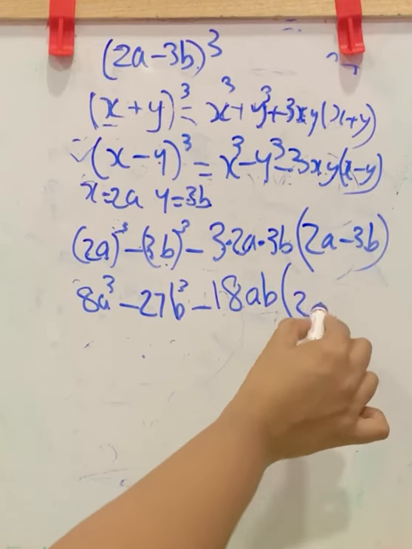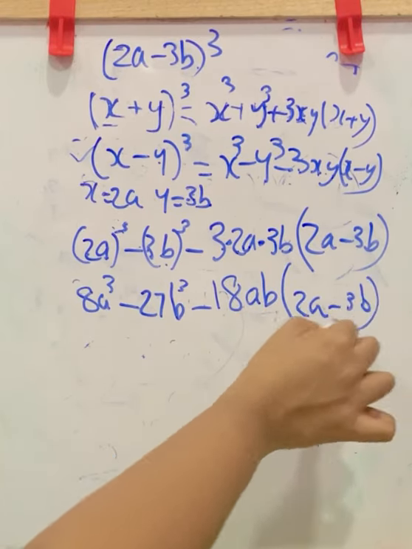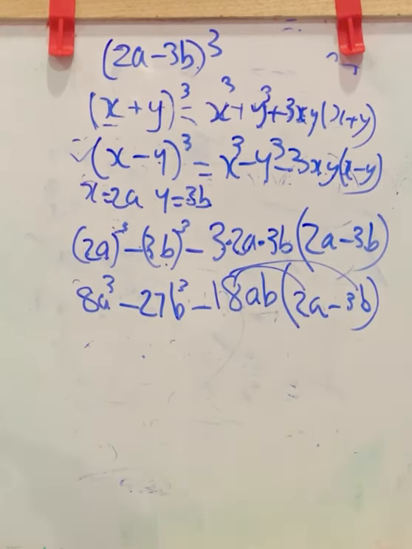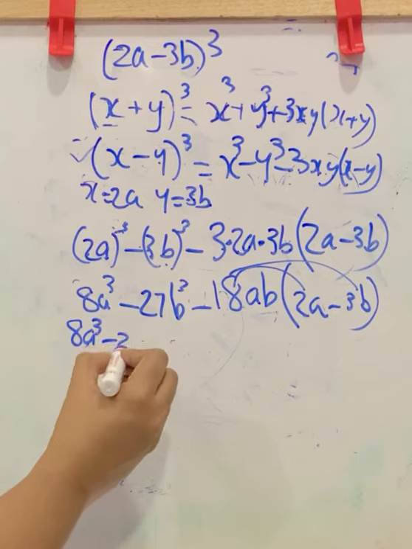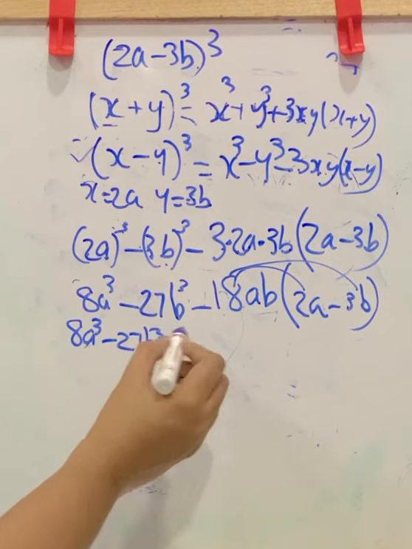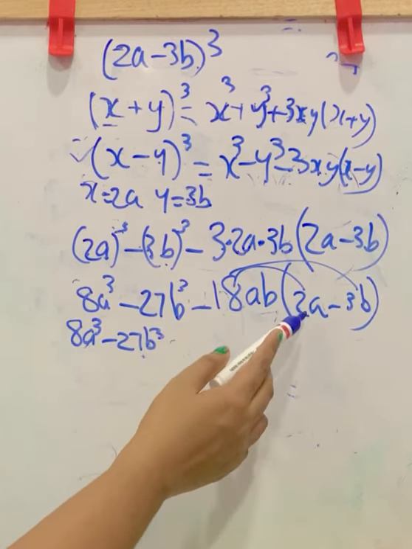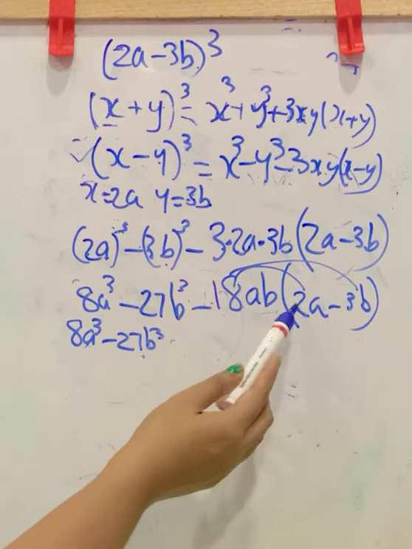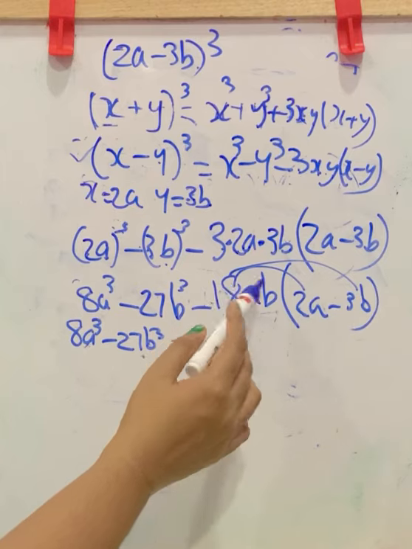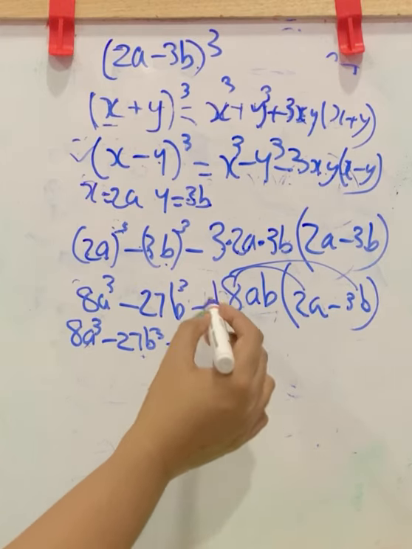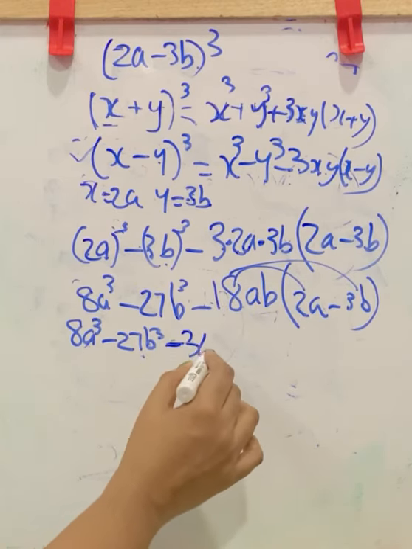Inside the bracket 2a minus 3b, we have to distribute this. So this becomes 8a cube minus 27b cube minus 18ab into 2a is, that is 18 into 2. Product of constant, that is coefficient terms. 18 into 2 is 36 minus 36.